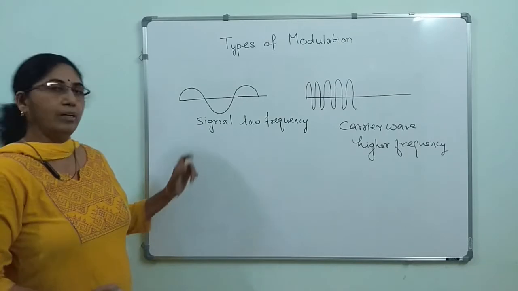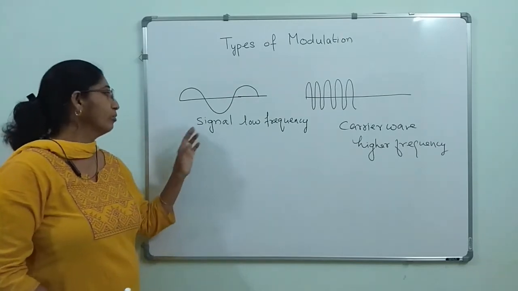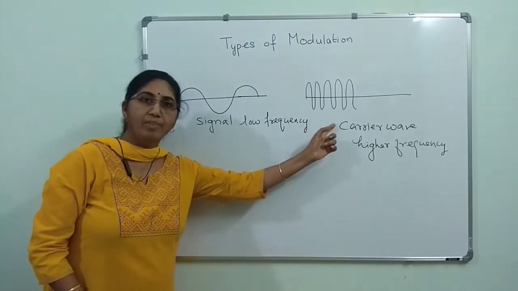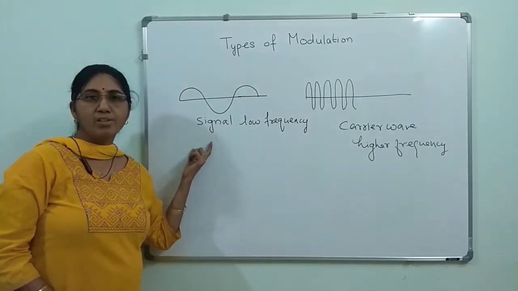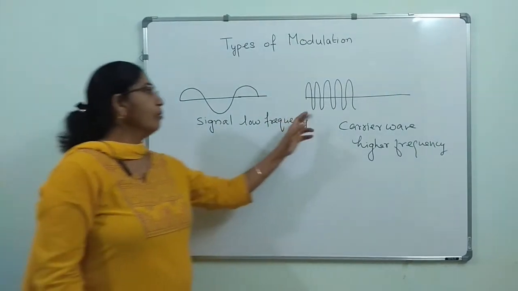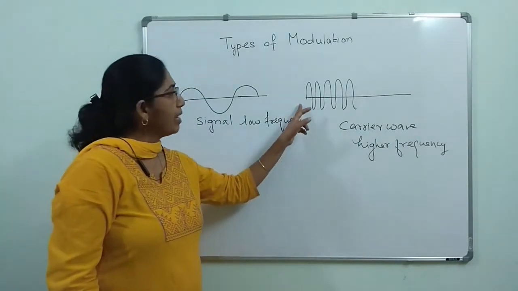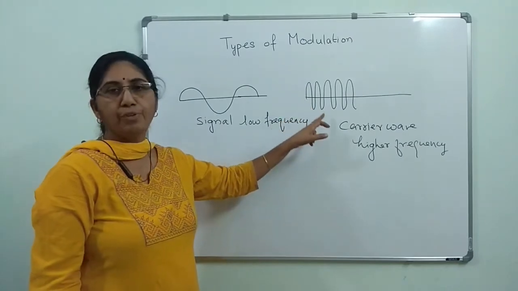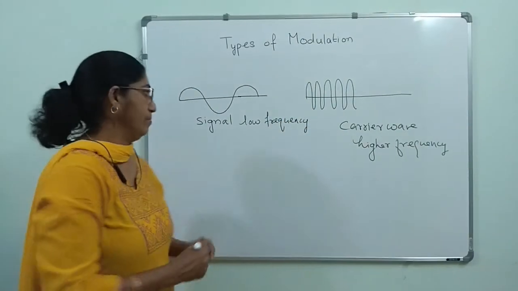So now for sending the signal for a long distance, we have to modulate this carrier wave according to the parameters of the signal. If you look at a wave, the parameters that can be modified are its amplitude, frequency and phase.